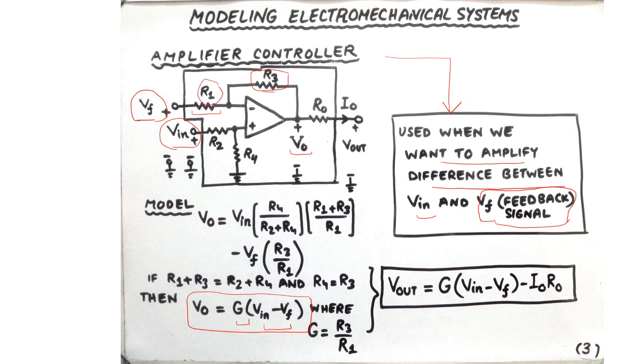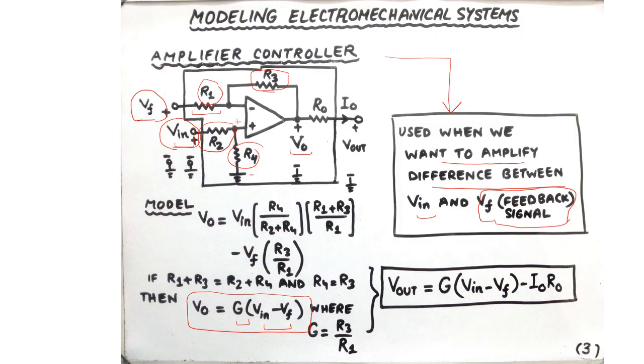On the positive input terminal, we have a voltage divider circuit. So whatever voltage V in is applied over this terminal is divided between resistance R2 and R4, and the voltage across R4 will appear at the positive input terminal of the op-amp.